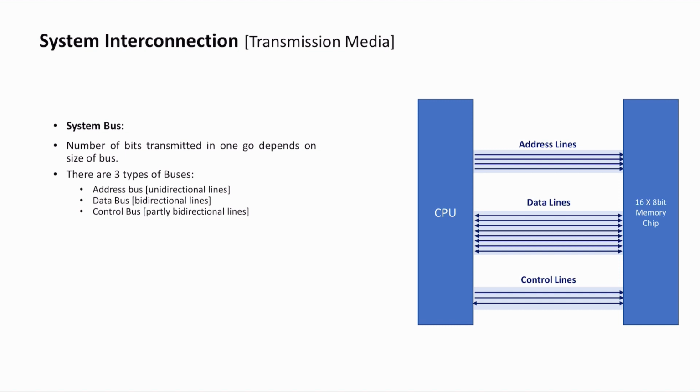That means this is directed towards main memory, that is, information will always be sent from CPU to main memory. Why is this? This is because these addresses will always be sent by CPU and never by main memory.